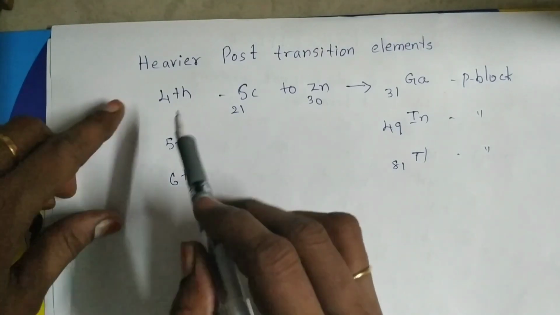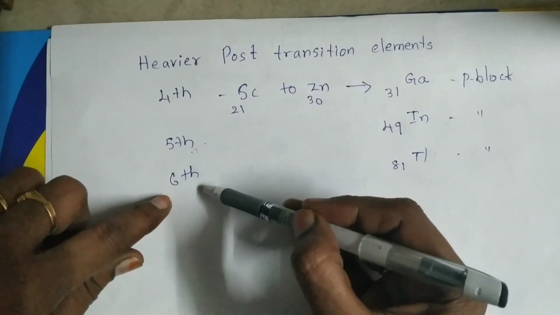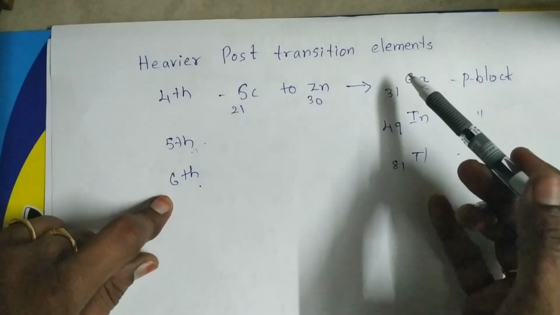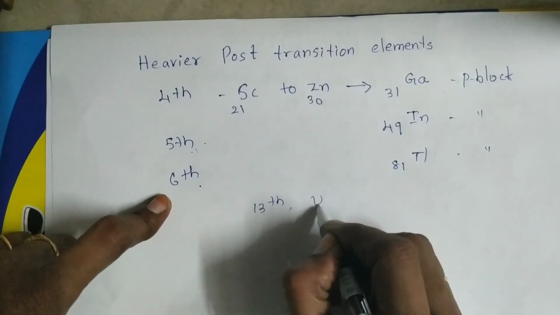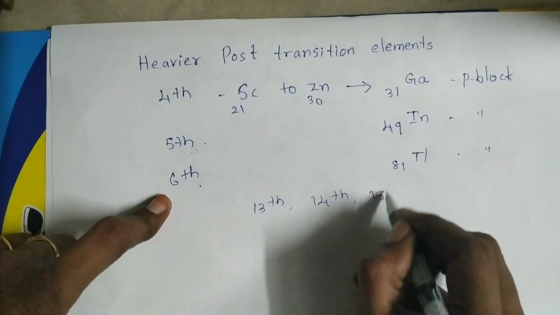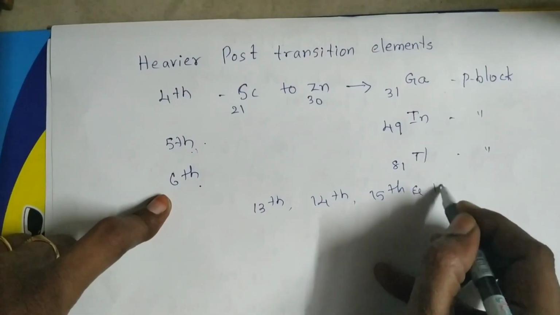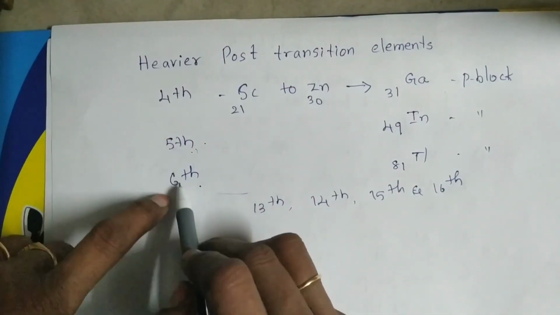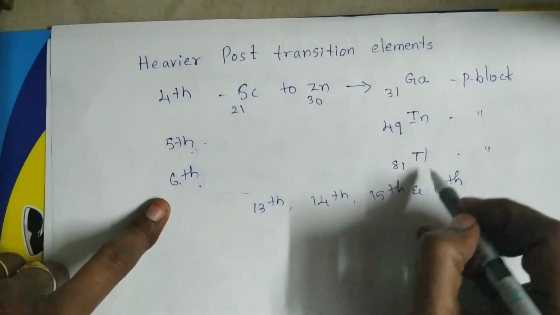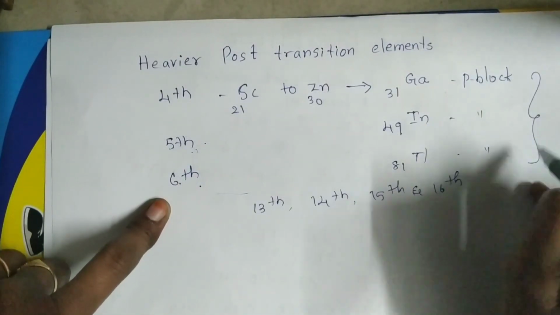So the 13th, 14th, 15th and 16th group elements are located in the 4th, 5th and 6th periods. That is the reason we call these elements heavier.